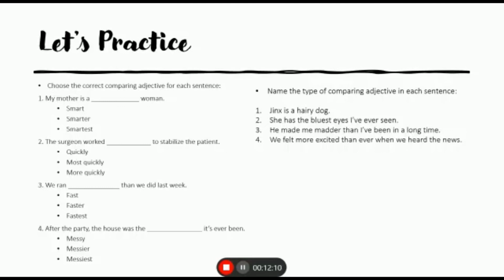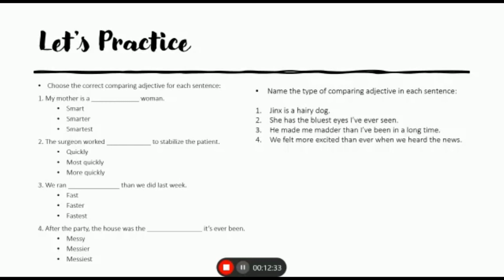The first one says, my mother is dash woman. This is a general statement, so we will use the base form. The surgeon worked dash to stabilize the patient. Again, a general statement, positive form. We ran dash than we did last week. So now I am comparing two time zones, the present time and the past time. Hence comparative degree, er form.